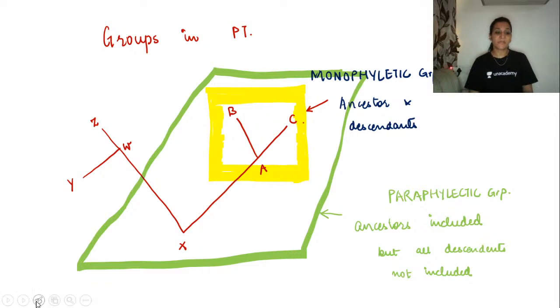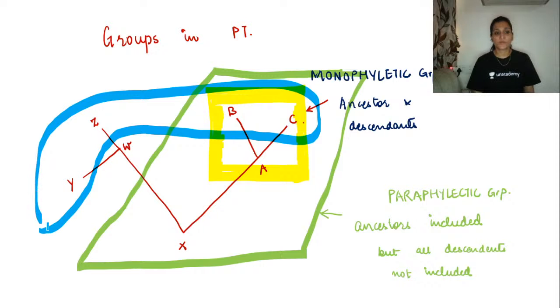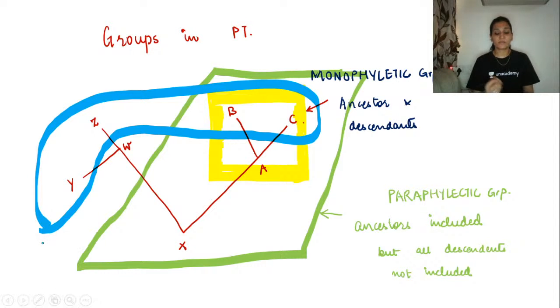Now we'll make a third type of group from this. So it will be like this. What you can see from here, very easy to understand, is that you can see all the descendants but you cannot see any kind of ancestors.